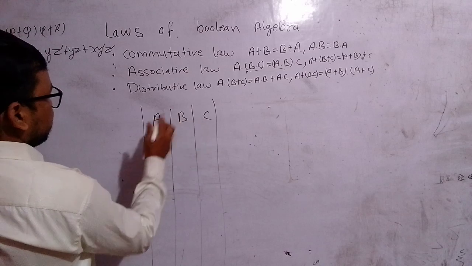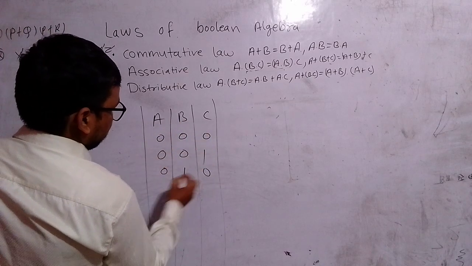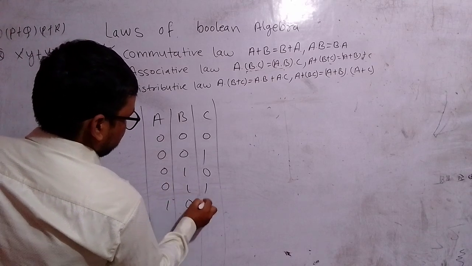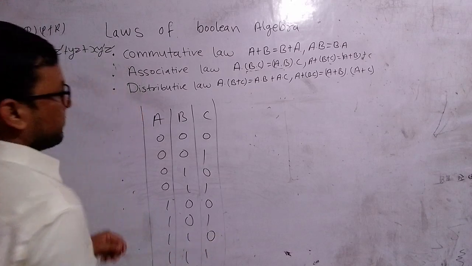The possible values of A, B, C are 0 0 0, 0 0 1, 0 1 0, 0 1 1, 1 0 0, 1 0 1, 1 1 0, 1 1 1.